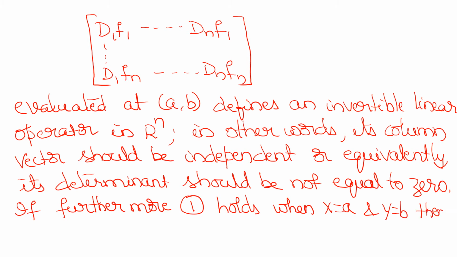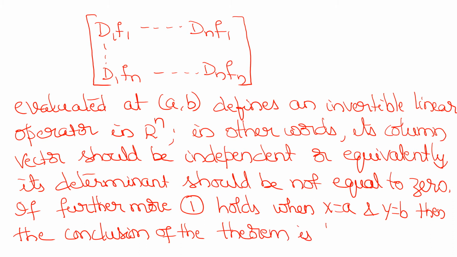Then the conclusion of the theorem, what does it mean? The theorem says that one can be solved. This is what we had said in the very simple case of two variables: x can be solved in terms of y and y can be solved in terms of x. In the same way here, because there are more variables, we are extending that concept to more variables.